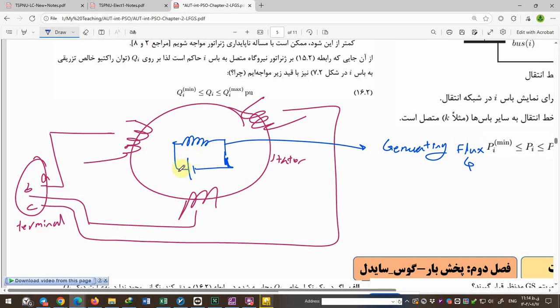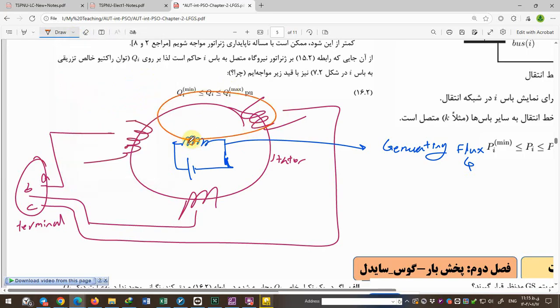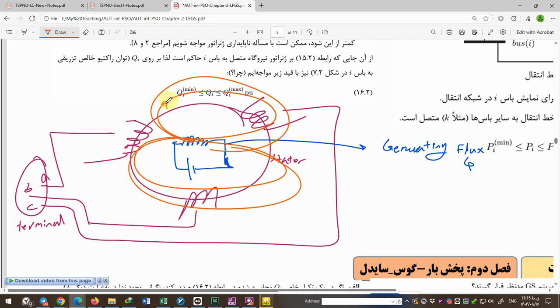After connecting to DC voltage, the rotor generates flux, phi. And this phi passes through the stator windings and induces voltage over the stator windings.